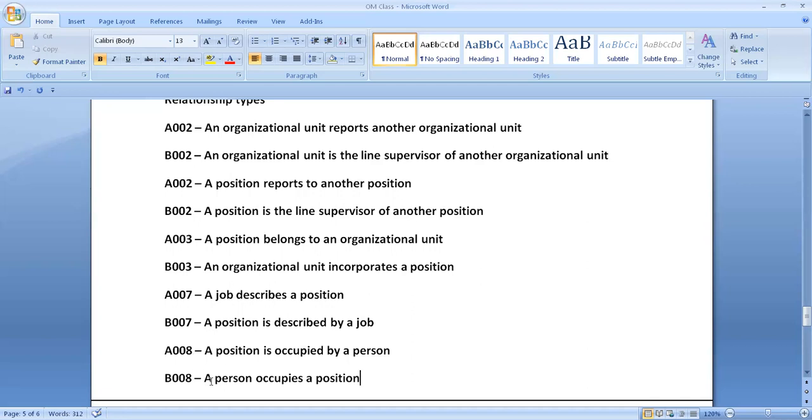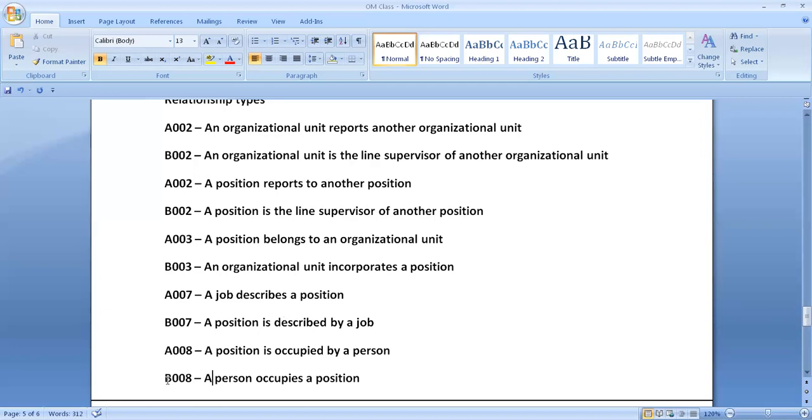A person is nothing but an employee in the OM. How do you specify an employee in the OM? You are specifying by a person. You are calling it a person. Meaning Mr. Ashok or Mr. Suresh is occupying the HR manager position.